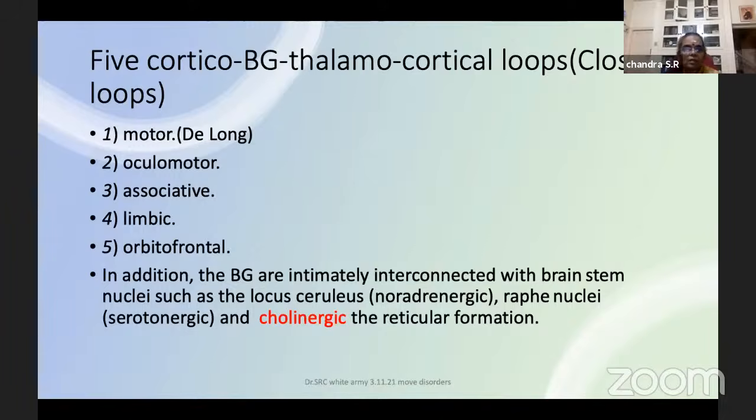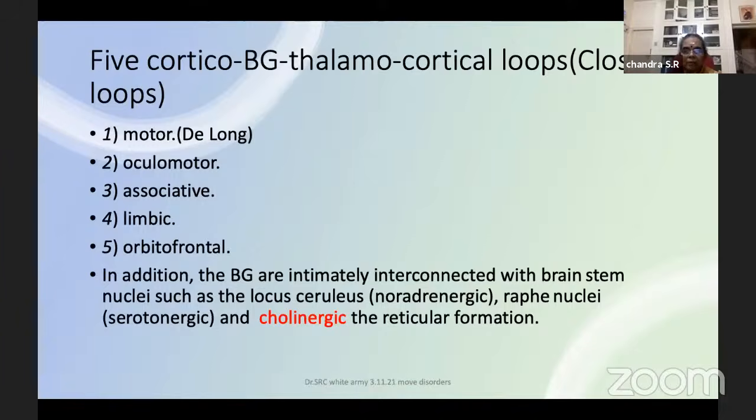Motor is motor plan. So in addition, the basal ganglia is intimately interconnected with the brainstem nuclei, such as locus coeruleus, that is noradrenergic, raphe nucleus, serotonergic, and the cholinergic reticular formation. So apart from dopamine and GABA, you have got other neurotransmitters which also play an important role through the brainstem nuclei. That is noradrenergic in the locus coeruleus, autonomic functions.